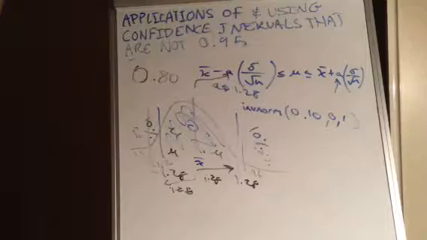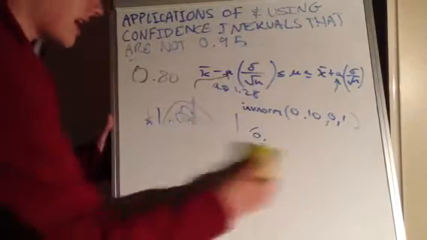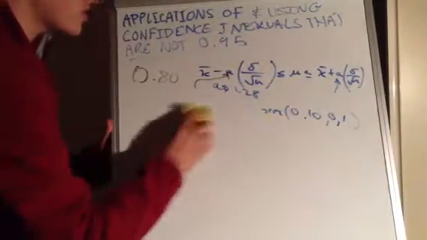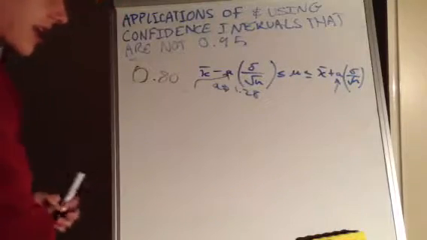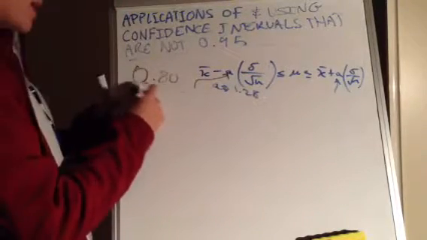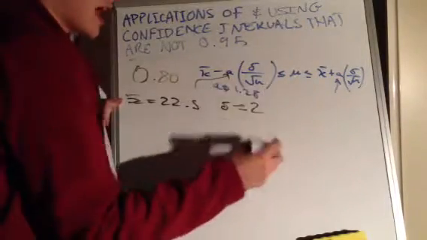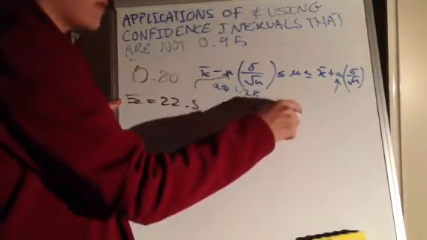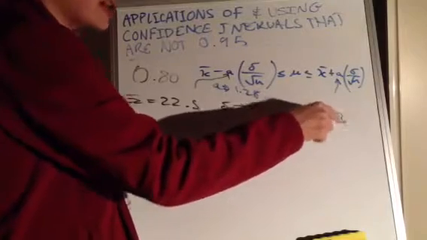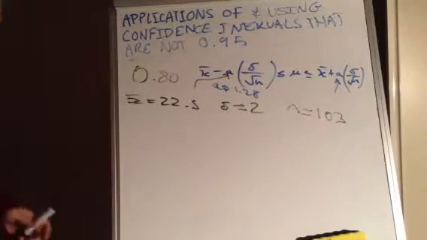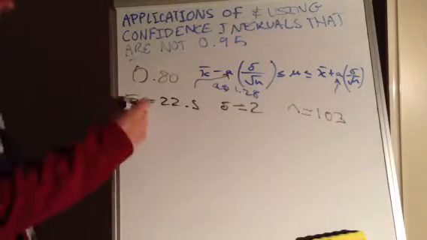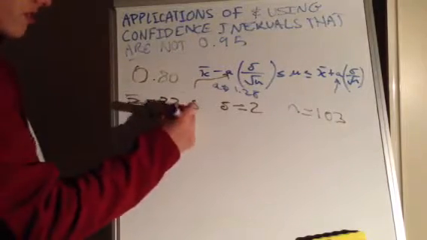So again, we can use this on our calculator. If we were to write it out to solve it algebraically, in case you're interested in doing that, we can say that we have x bar equal to 22.5, sigma equal to 2, and an n value equal to 103. If we were to write that up, again we're finding a 0.80 confidence interval.